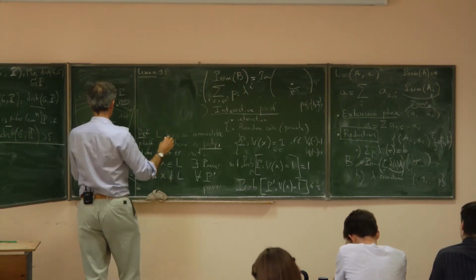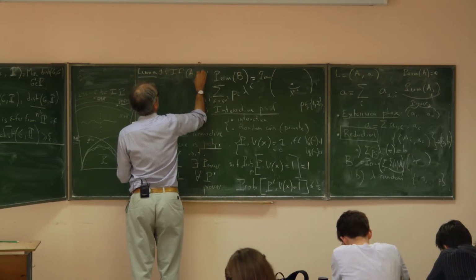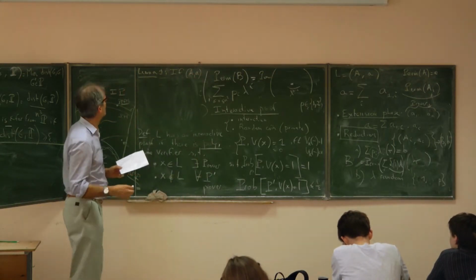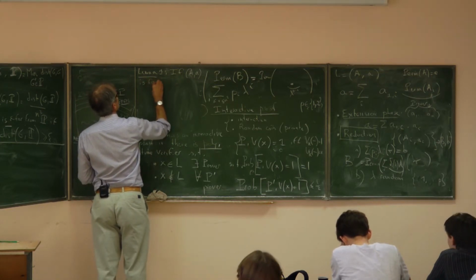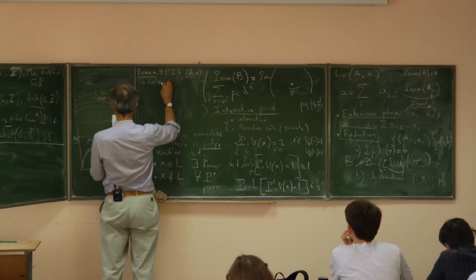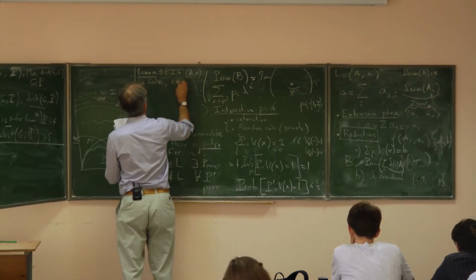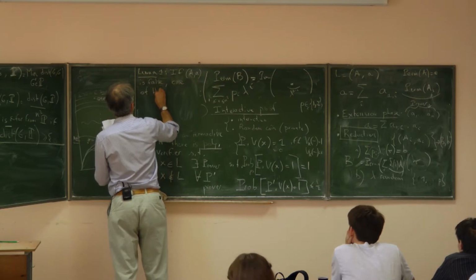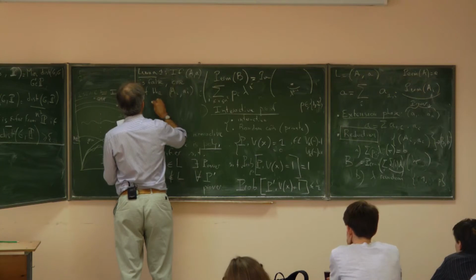I want to say that if we start with something wrong, so if A is false, then one of the A_i is false.